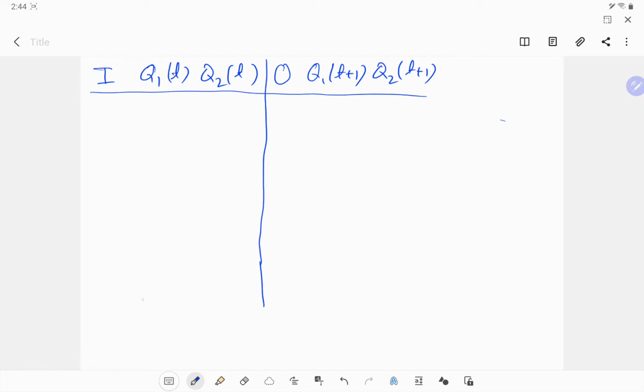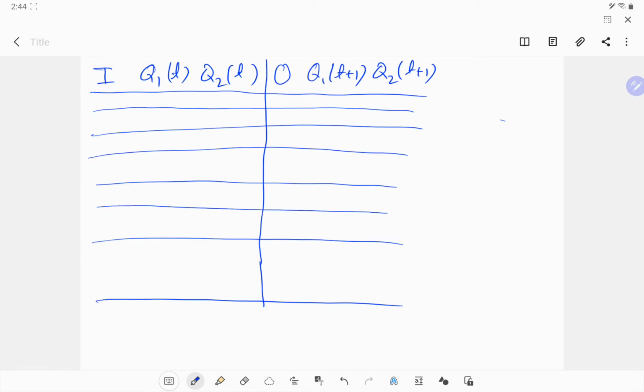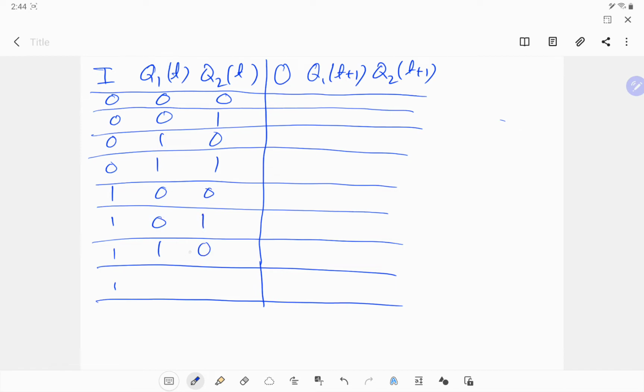So we'll have a total of 8 combinations. The input column is 0 0 0 0 1 1 1 1, and the present state column is 00, 01, 10, 11, 00, 01, 10, 11.